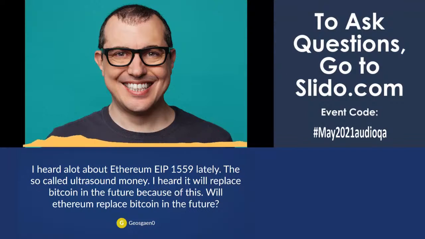The reason for this is the idea that because of EIP 1559, Ether will actually be removed from circulation. So rather than having simply a disinflationary currency, where inflation goes down over time as you issue less and less, Ethereum will have a true deflationary monetary policy.